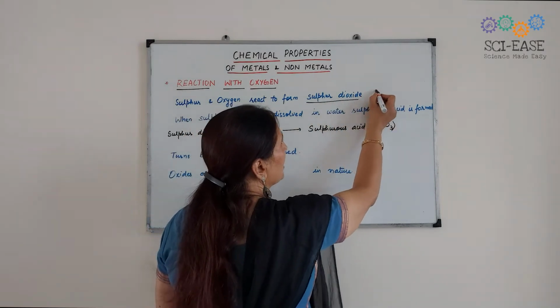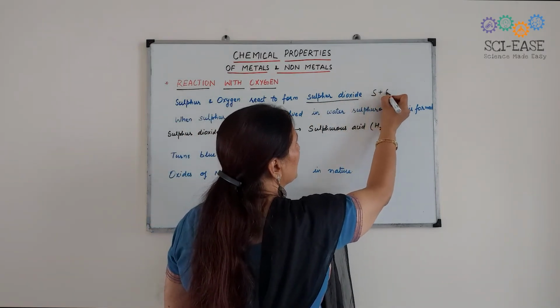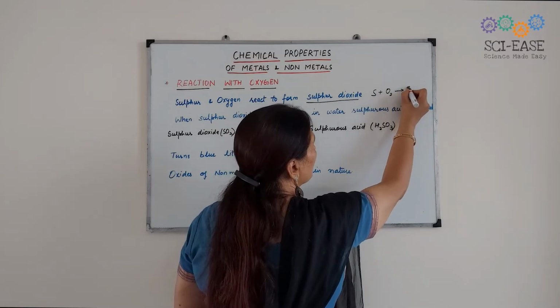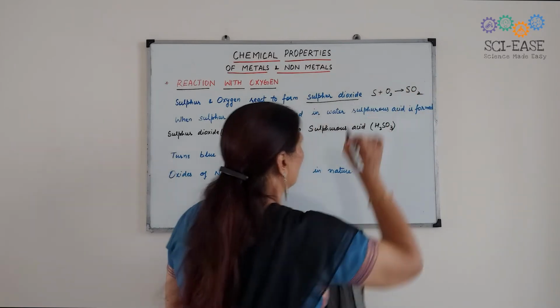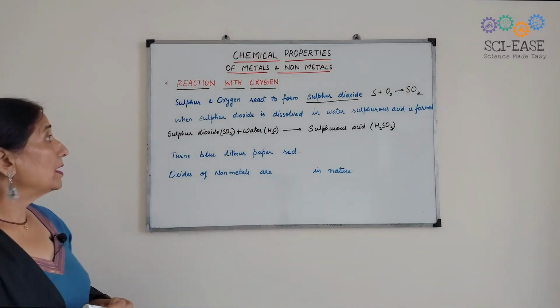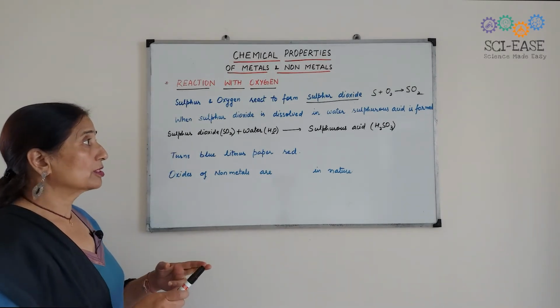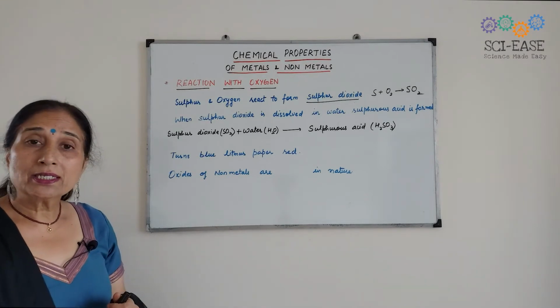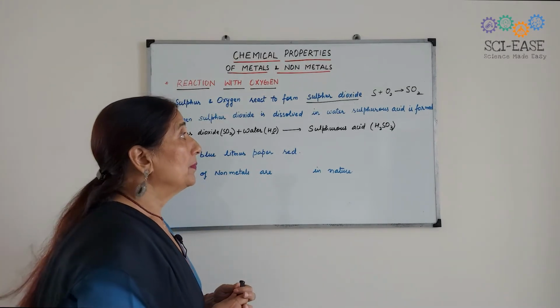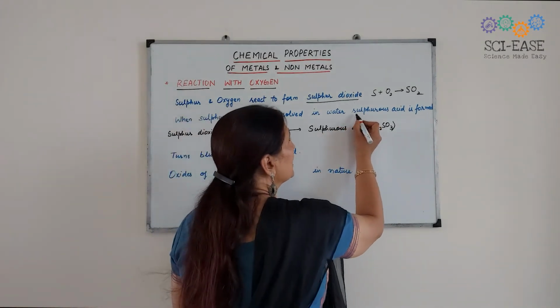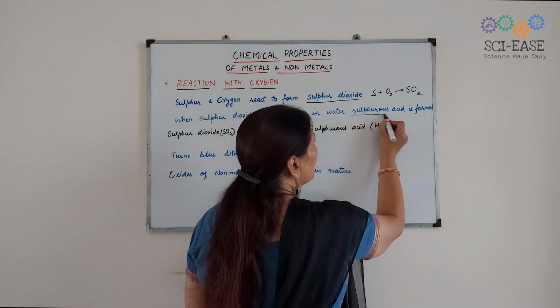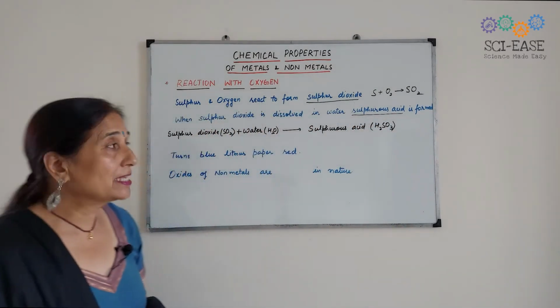You can give this reaction like this. Sulfur plus oxygen forming sulfur dioxide. Okay. Now, when we dissolve sulfur dioxide in water, an acid, sulfurous acid, is formed.